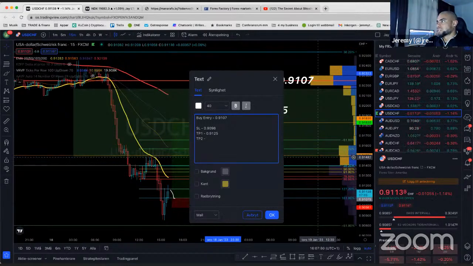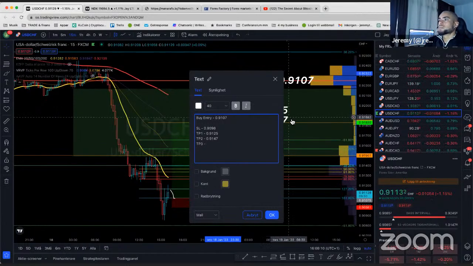We got major resistance, so I will put take profit 2 at 0.9147. Guys, my language is all over the place today. I'm sorry. And then we got the major take profit that we want to have at 0.9182. And that's it.